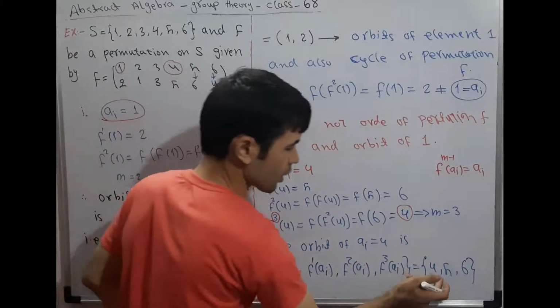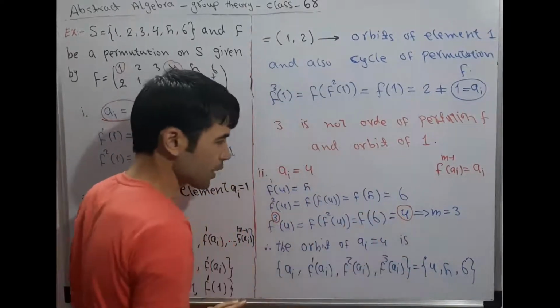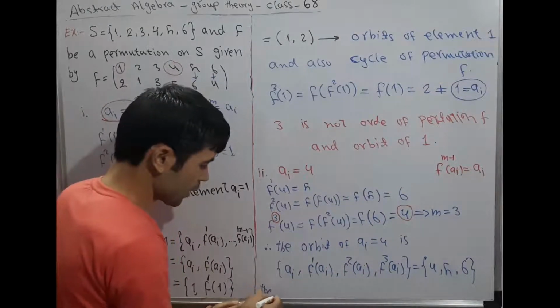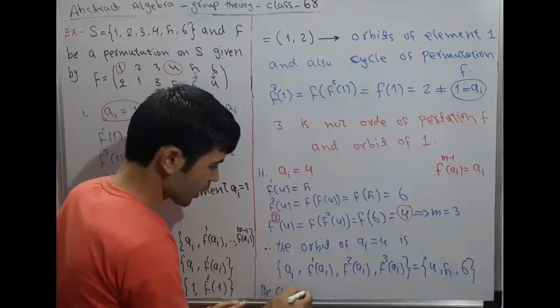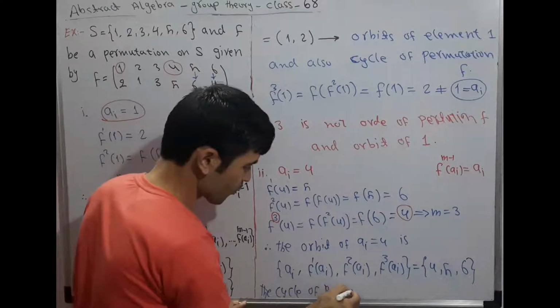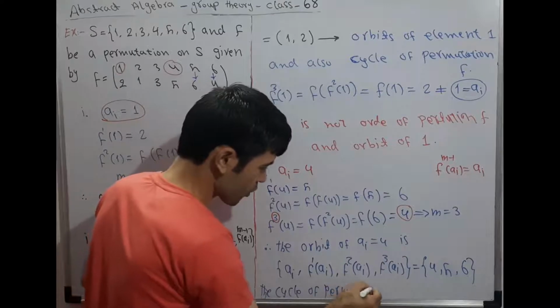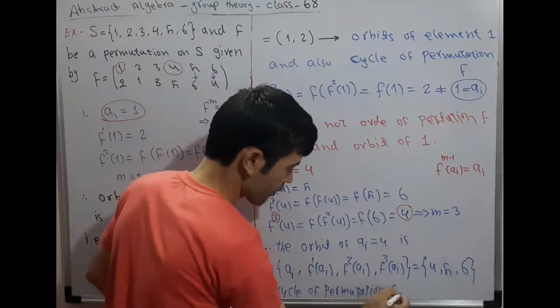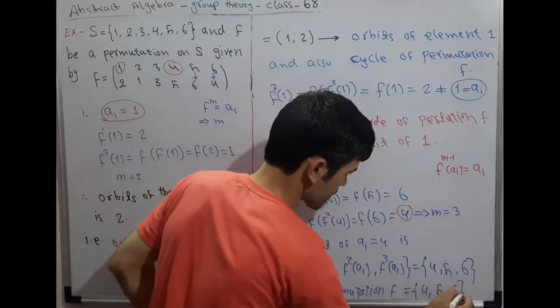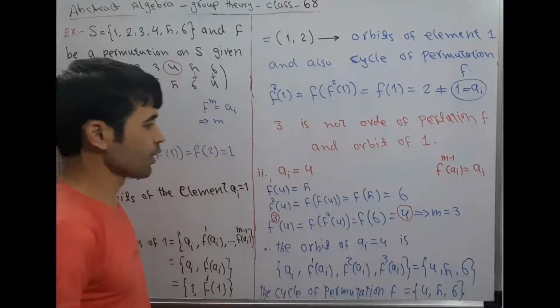This is the orbit of the element 4, and the cycle of the permutation f is the same: 4, 5, 6. It is the solution of this example.